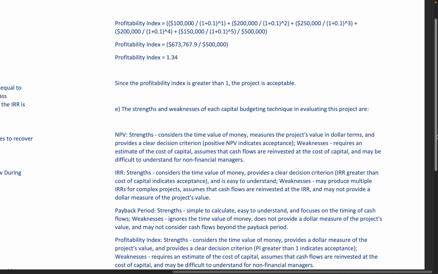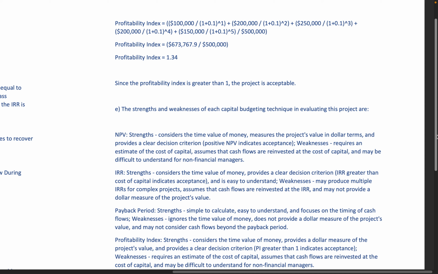The profitability index is again strong because it considers the time value of money. If you convert it, you can have a dollar measure, but that's essentially looking at an NPV. It gives you a criterion for acceptance: it has to be more than one.